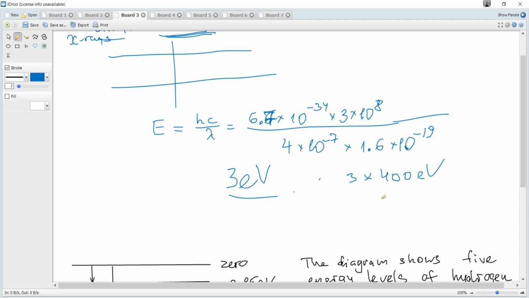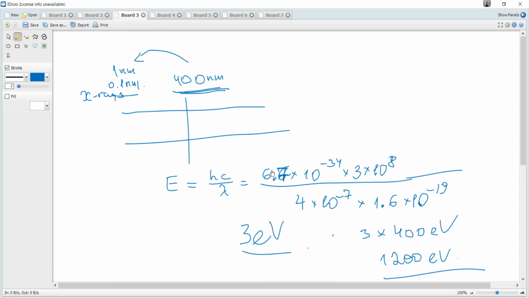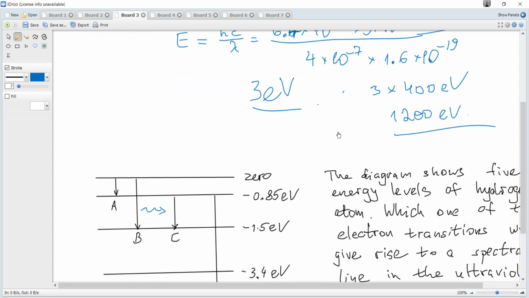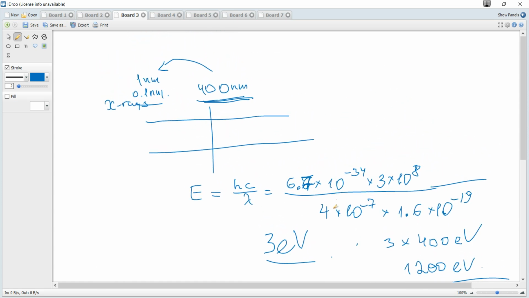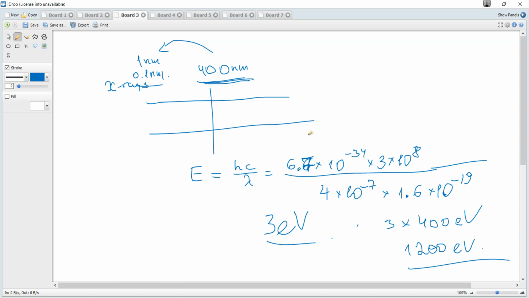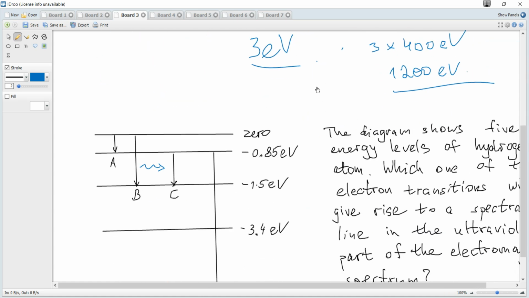So it may be about 1200 electron volts, or maybe 10 times larger if you consider 0.1 nanometer. Or actually we can consider 450 or 500, so it can be a bit less than 3, something like that.